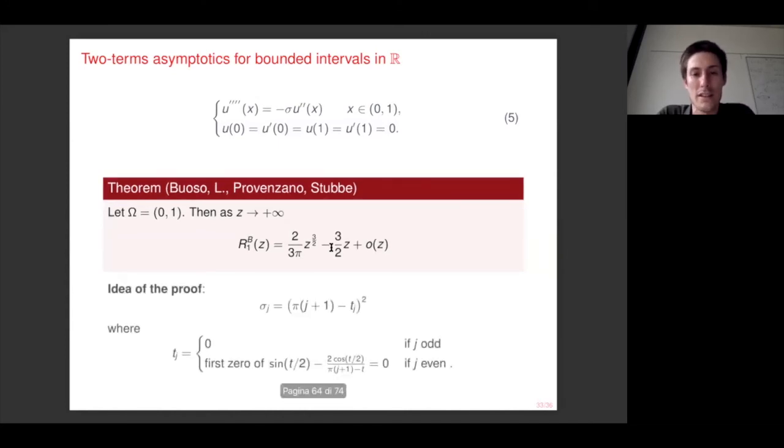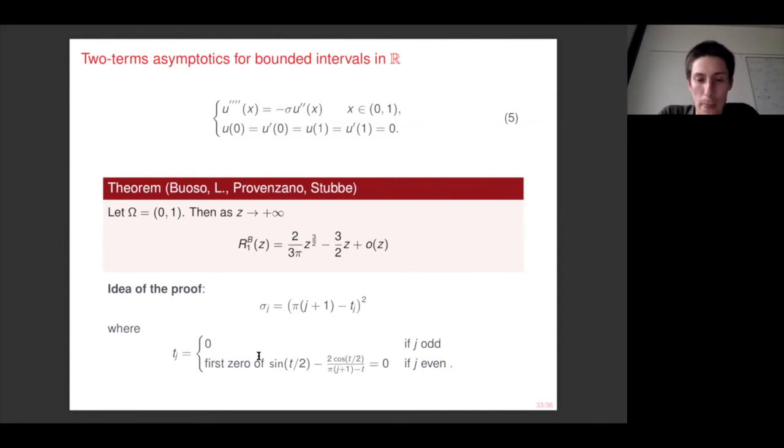The proof in the one-dimensional case is to do as much explicit computation as we could. And so in this case, it's possible to show that the buckling eigenvalues can be written in this way, where the sequence Tj is nothing else than 0 when j is odd, and it's the first 0 of this equation here whenever j is even.